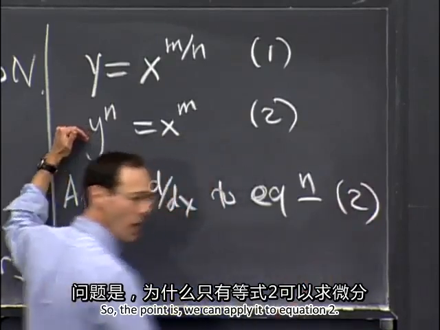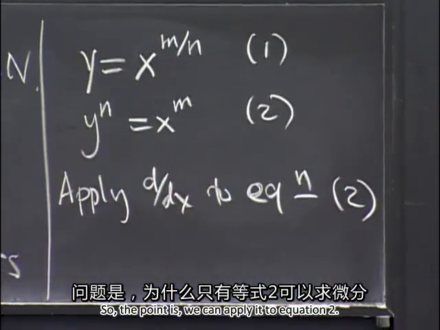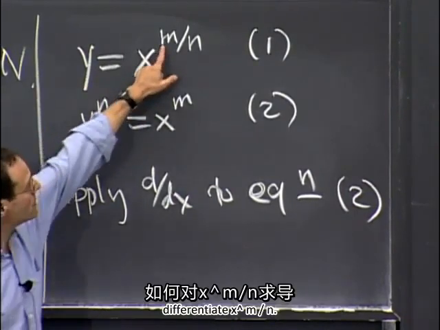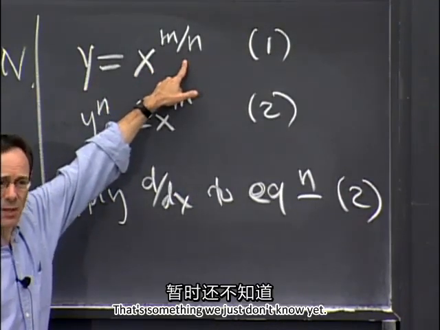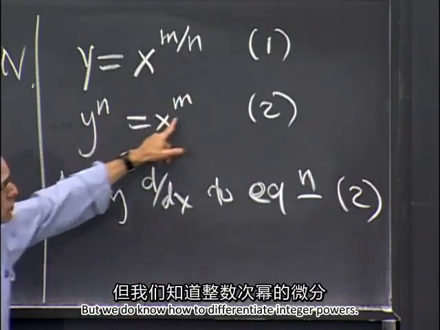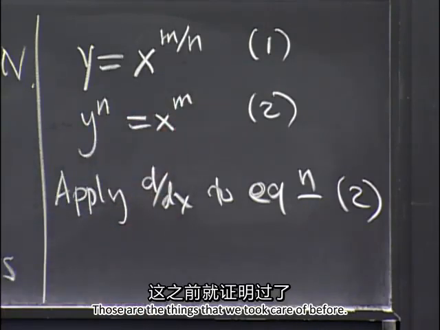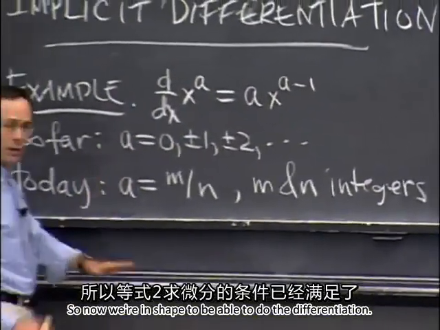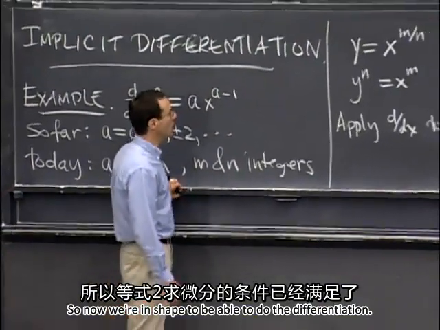The point is that we can apply it to equation 2. The reason is that we don't know how to differentiate x to the m over n. That's something we just don't know yet. But we do know how to differentiate integer powers. Those are the things that we took care of before. So now we're in shape to be able to do the differentiation.